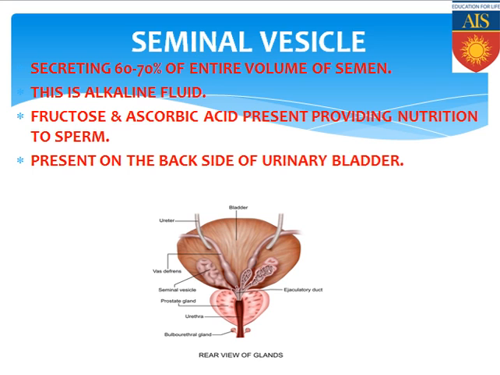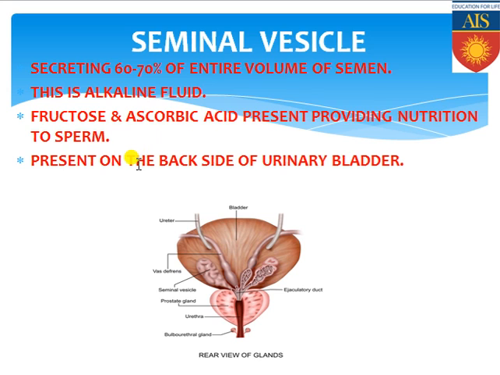First one, that is the seminal vesicle. The seminal vesicle secretes a fluid that constitutes almost 60 to 70% of the entire volume of semen. Keep it in your mind, the seminal vesicle releases a fluid which is alkaline in nature.